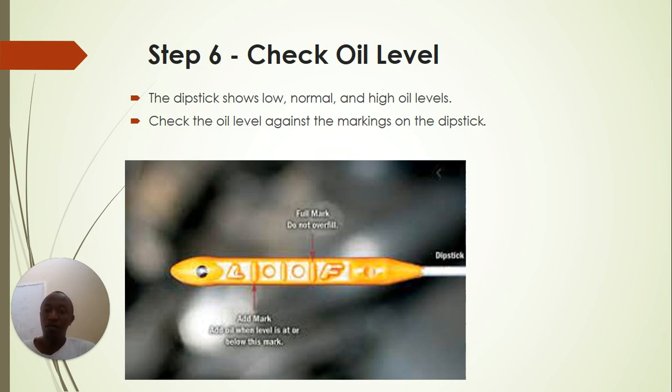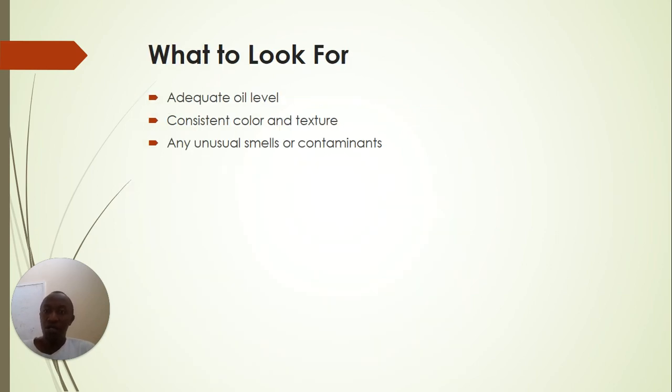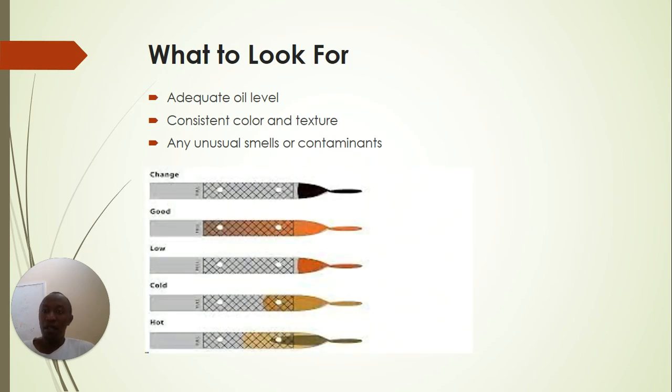Too much oil or too little have a similar effect of damaging the engine. As you're doing that, you ensure that you're checking the oil level, you're checking the color and texture, and you're checking for any smell.